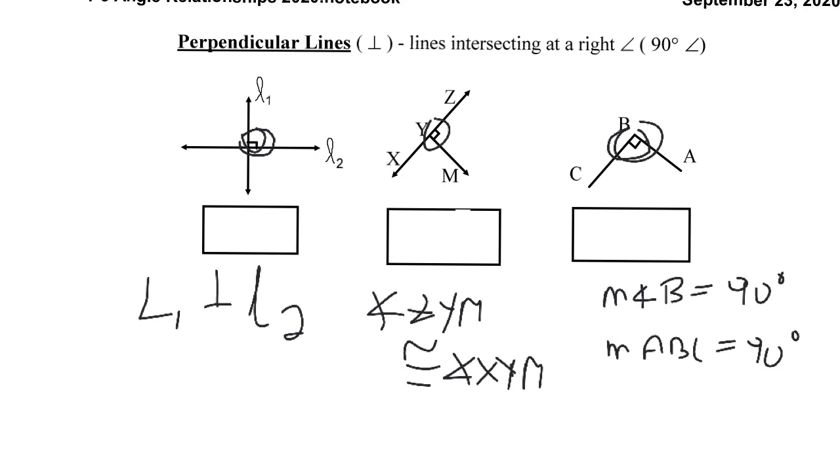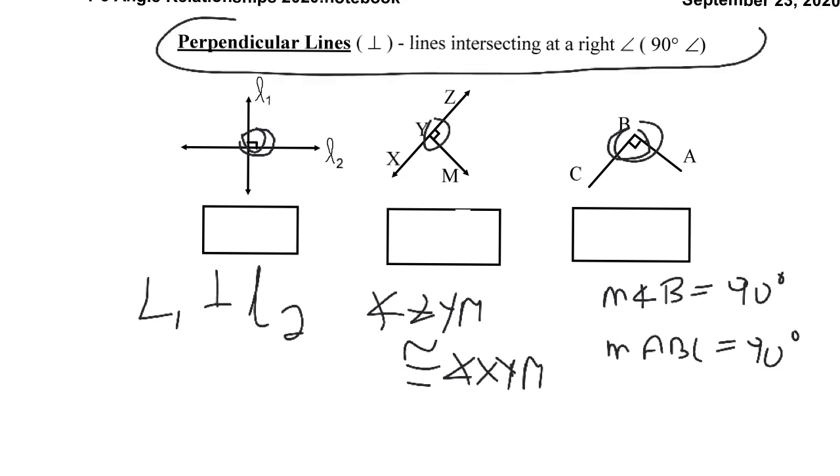By definition, perpendicular lines intersect at a right angle, 90 degrees.